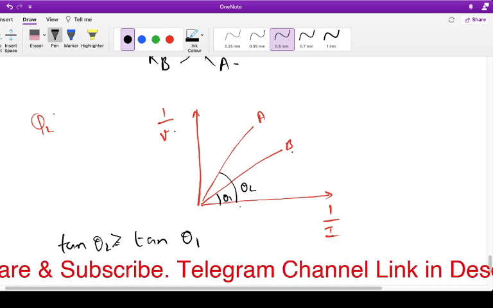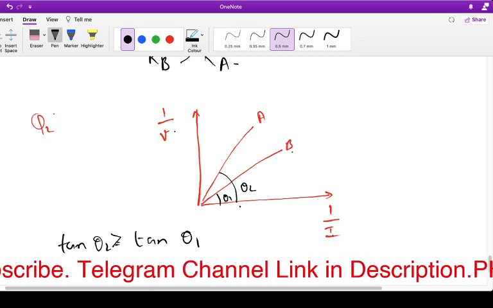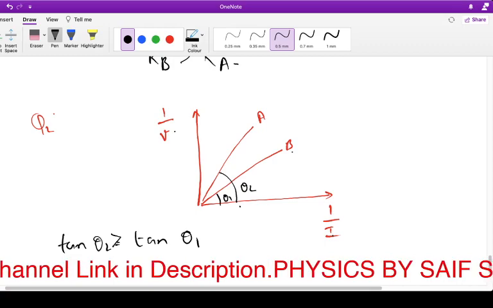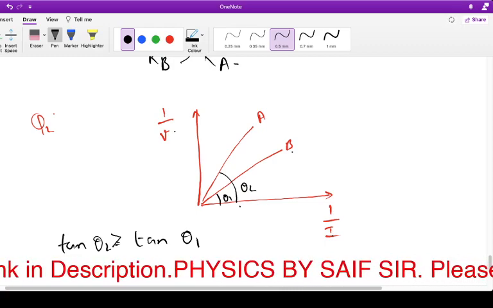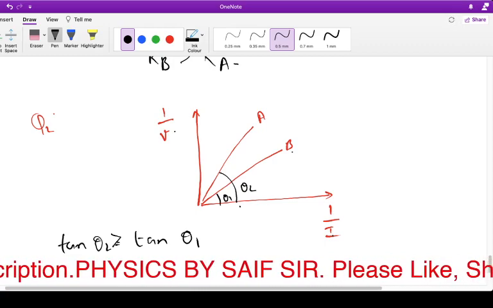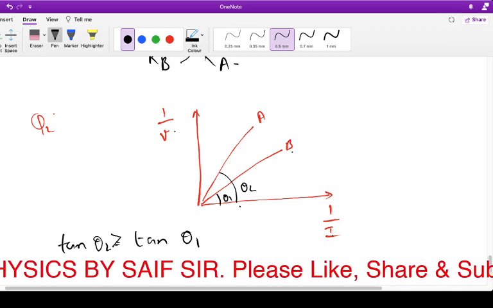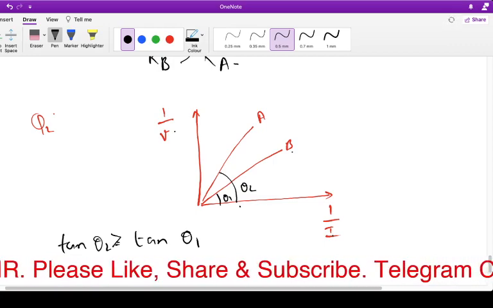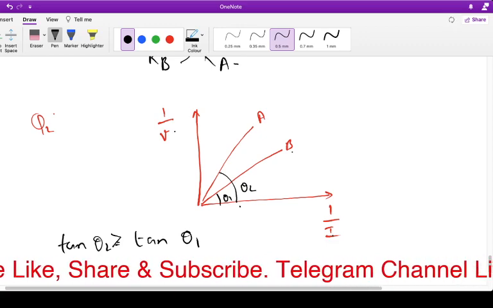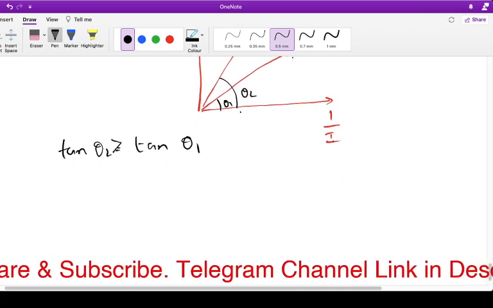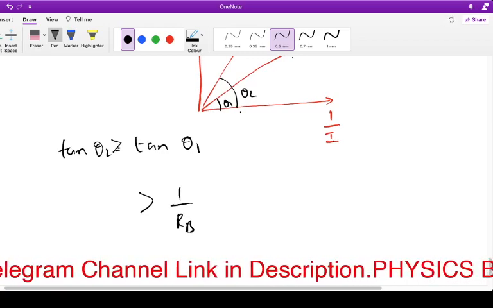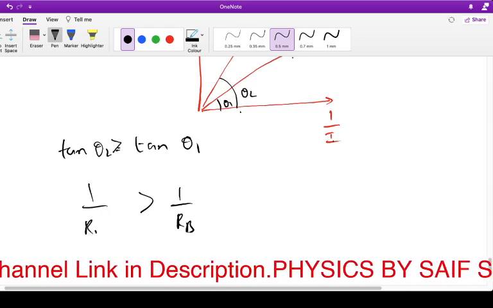Here, as it is in reciprocal, theta 1 is nothing but 1 by RB, whereas theta 2 is nothing but 1 by RA.